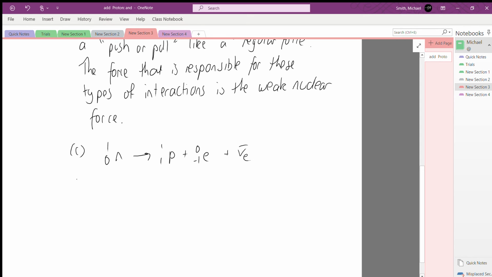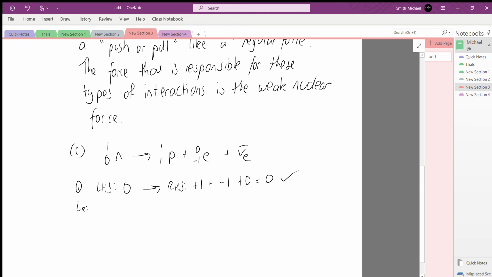Let's do charge first. So the left-hand side, neutron has 0 charge, going to the right-hand side, which has +1 for the proton, -1 for the electron, and 0 for the electron antineutrino. So 1 take 1 is 0, and so charge is conserved.